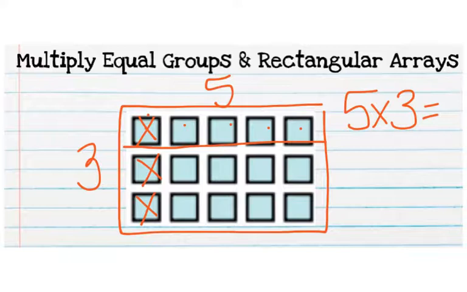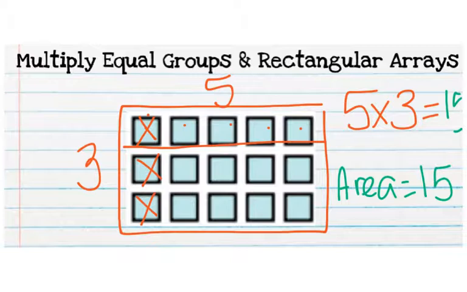We've done a really great job of skip counting to solve how much 5 times 3 equals. So I could think of it as 5, 10, 15. So my answer would be 15, and I could say that the area of this rectangle is 15 square inches. Let's try it with another one.